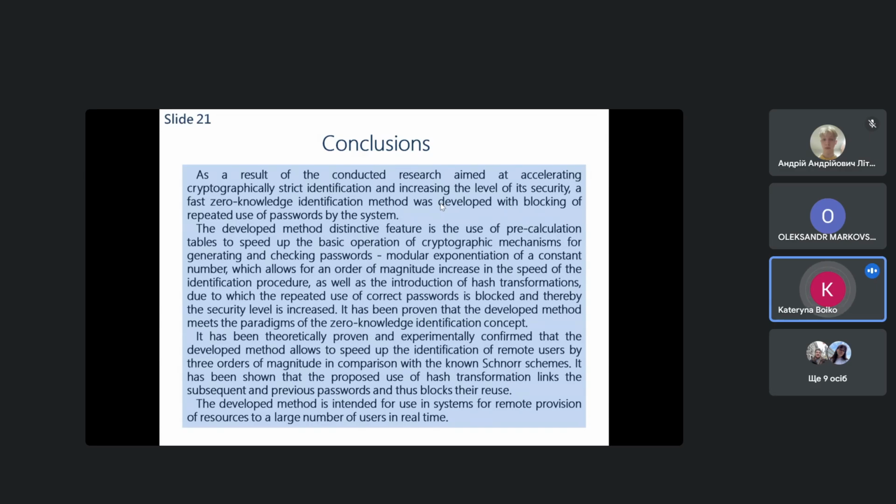So there is an objective need to resolve the contradiction between the level of protection of identification information and the speed of identification. So we decided to make a method that provides good speed of the identification procedure and at the same time can protect against a lot of attacks.